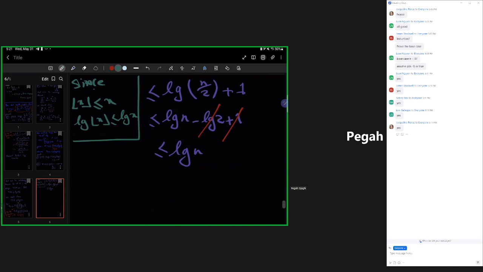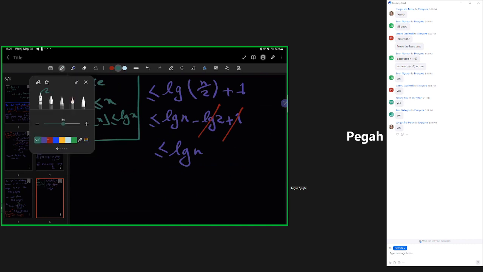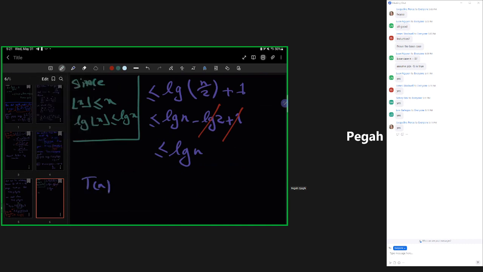So I reach the point where I can write that T of n is less than log of n, so by induction, we have already proved it. That's going to hold. Does it make sense? Yes. Okay. So this is some of the things you need to know.